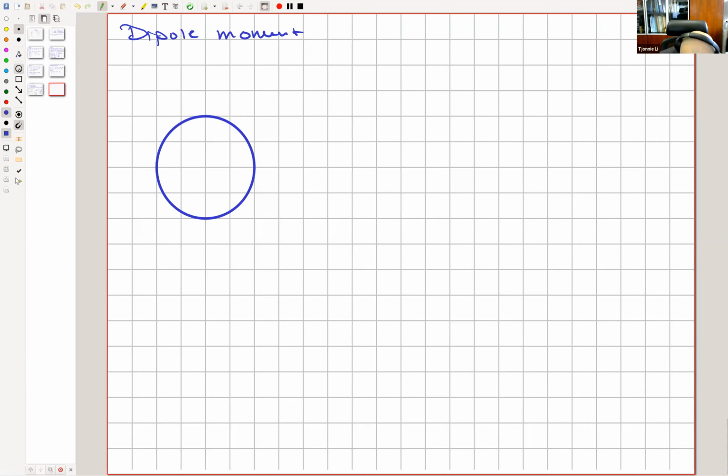Right here, there is some thing in the center, and so here we've got the cloud, which is typically an electron cloud, and then here at the center is my positive nucleus.